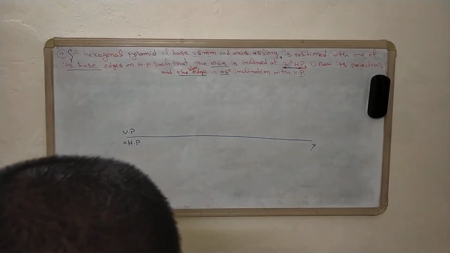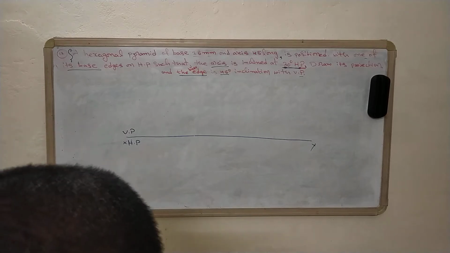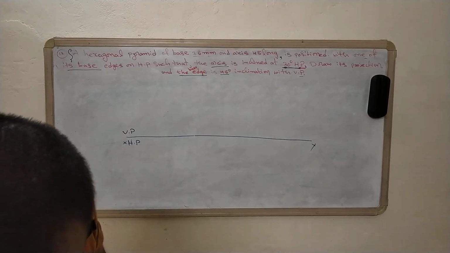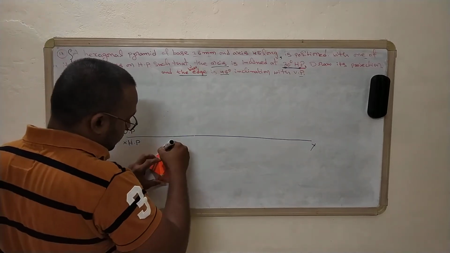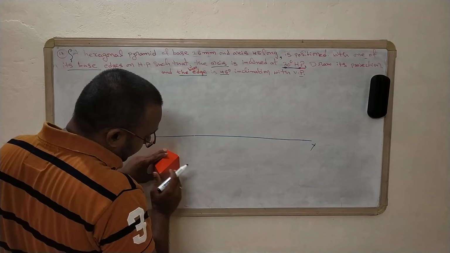So here initially we must start with the hexagonal shape with a vertical line.